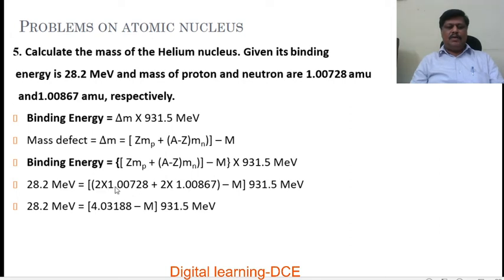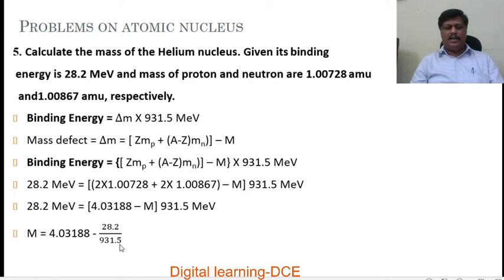So after multiplication and addition, we will get the total mass of the nucleons as 4.03188 minus mass of the stable nucleus, into 931.5 MeV. To solve for the mass of the nucleus M, send this 4.03188 to the other side, which gives M equal to 4.03188 minus 28.2 MeV over 931.5.